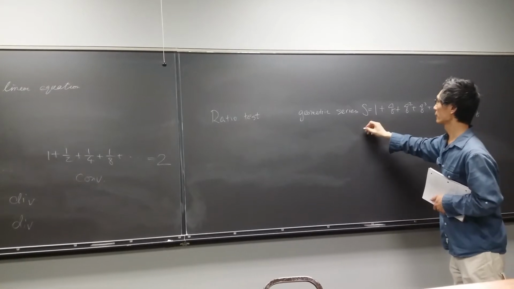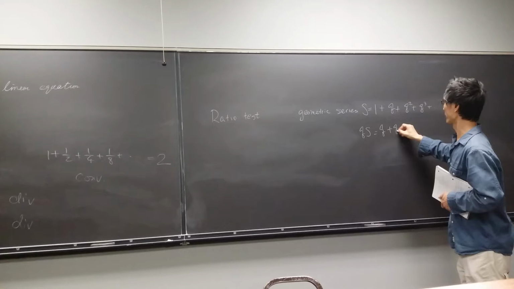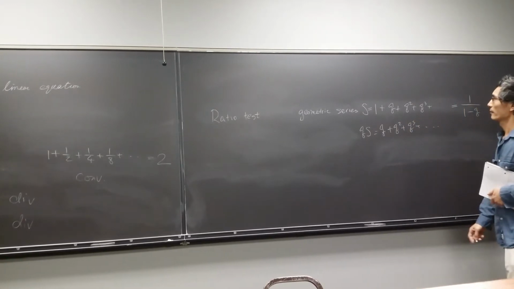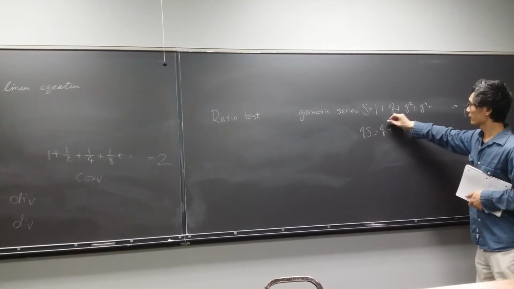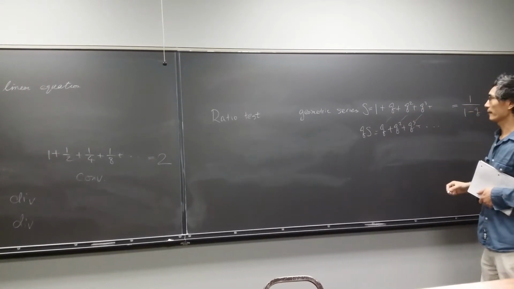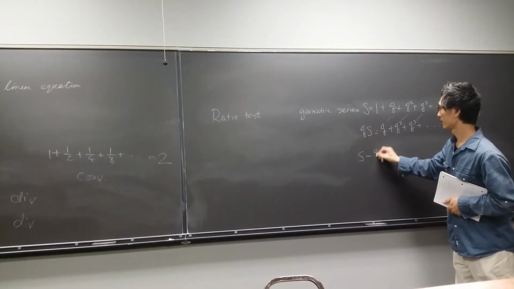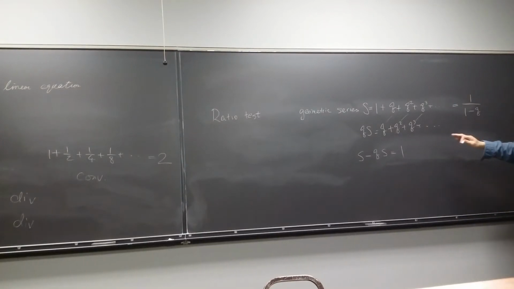I can multiply q to s, then get q plus q squared and q cube, etc. from each multiplication. However, I can also match it this way, because they are the same, so I can take the difference, the top minus bottom. And then you see it's just 1, because everything else cancels.